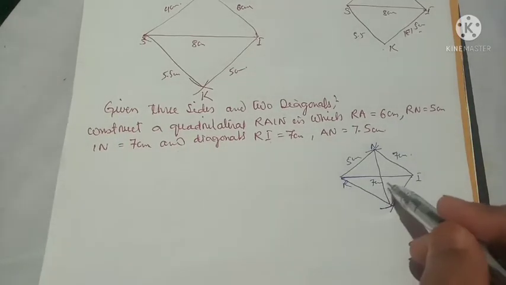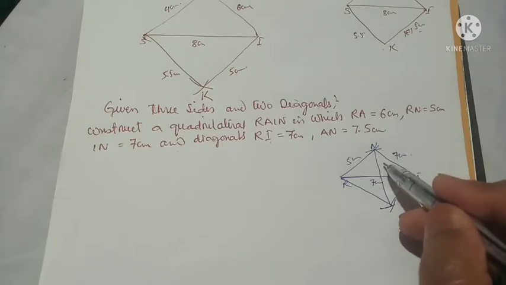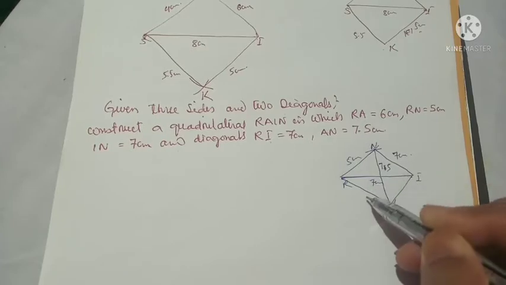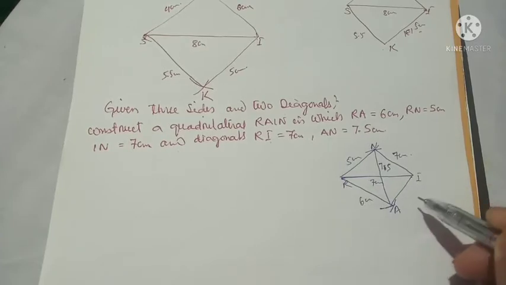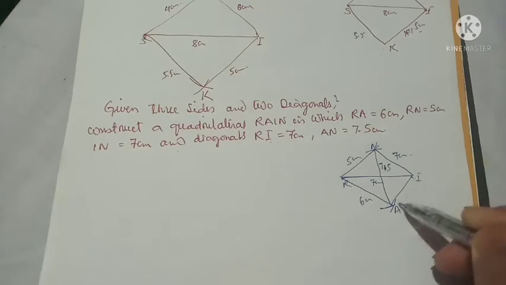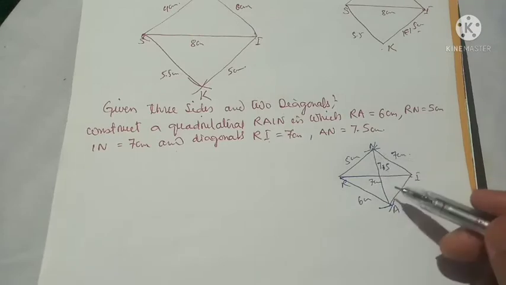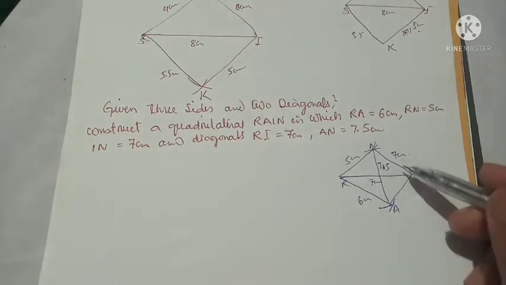This will be 7 centimeter, AN will be 7.5. This will be A, and this RA will be 6 centimeter. So that we can join this IA very easily. Okay, if we have drawn three sides, then it's very easy to conclude the last one.